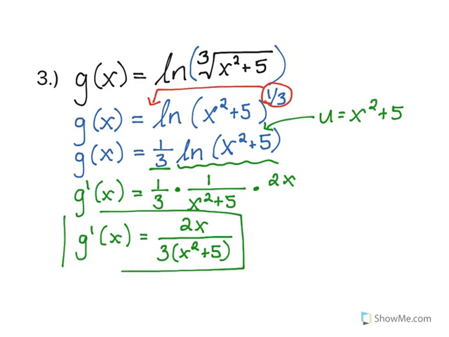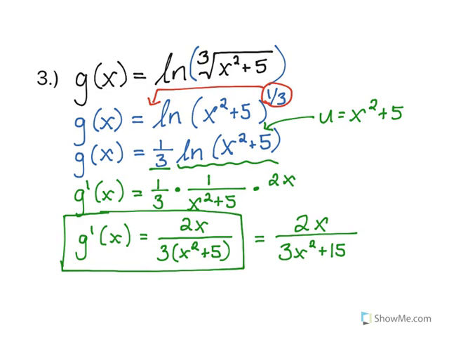You do not need to expand your denominators at all, okay? If you wanted to, you could rewrite that denominator as 3x squared plus 15, but again, it's not really necessary. So you could also write your final answer as 2x over 3x squared plus 15. Okay, so that's another way that you could write your answer.